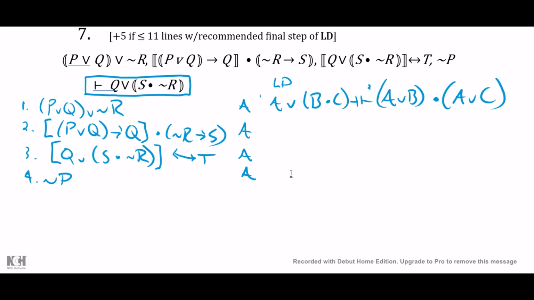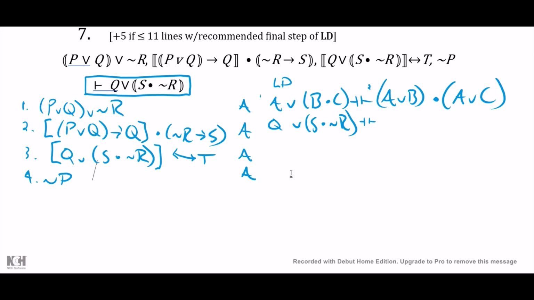Look, our starting point here is version 1. So basically, we're going to make it correspond. We've got Q wedge. Wherever you see A, that's going to be Q. Where you see B, that's going to be S. And where you see C, that's going to be squiggle R. Those are the things that correspond. With those in play, we're going to fill in what this would look like over here.